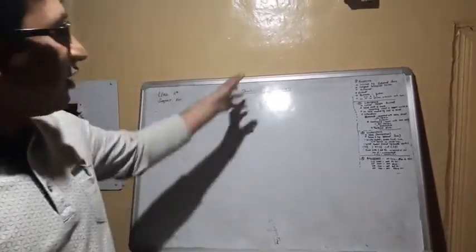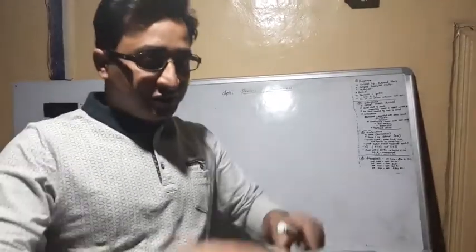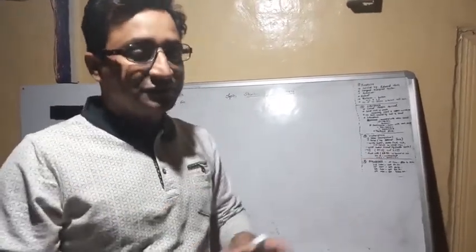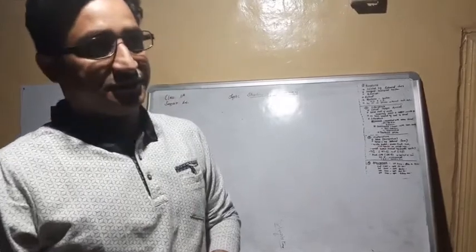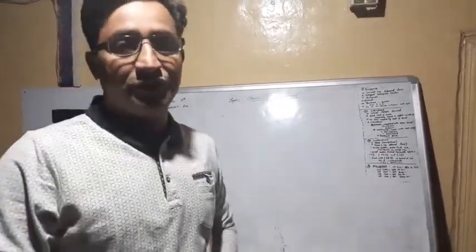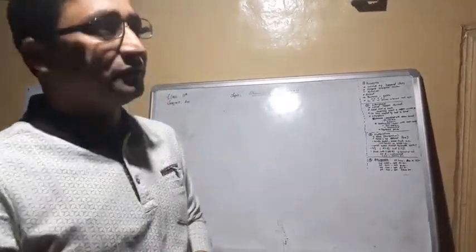So far as this environment is concerned, it basically comprises four spheres. It is made up of four spheres. These are biosphere, lithosphere, hydrosphere and atmosphere.